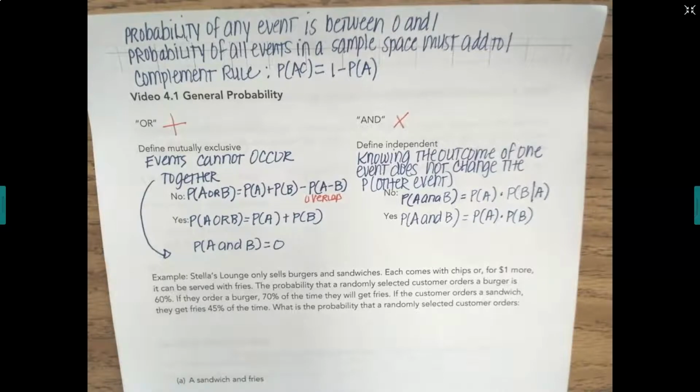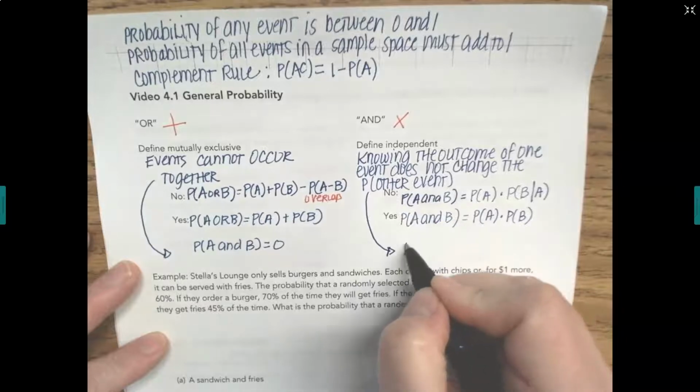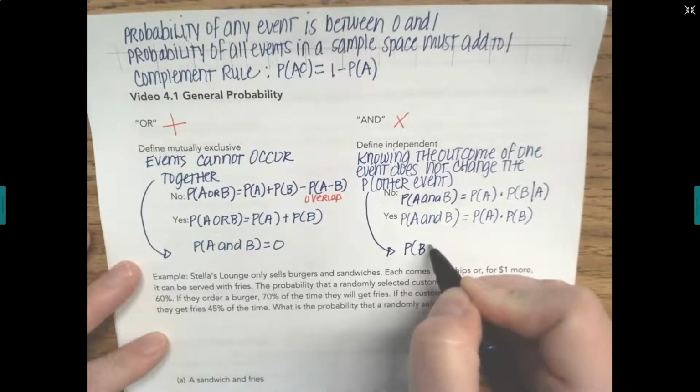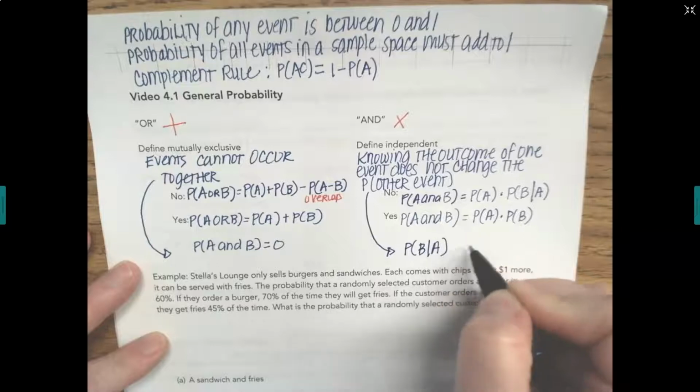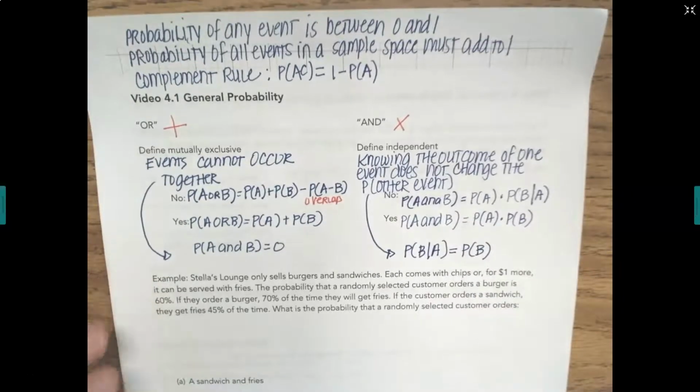On our formula sheet we had some defining the independence, but here we have mathematically that the conditional probability would be the same as just the regular probability. That is really your overall idea that you want to take away from this. If they're independent, the conditional probability is the same as the overall probability.